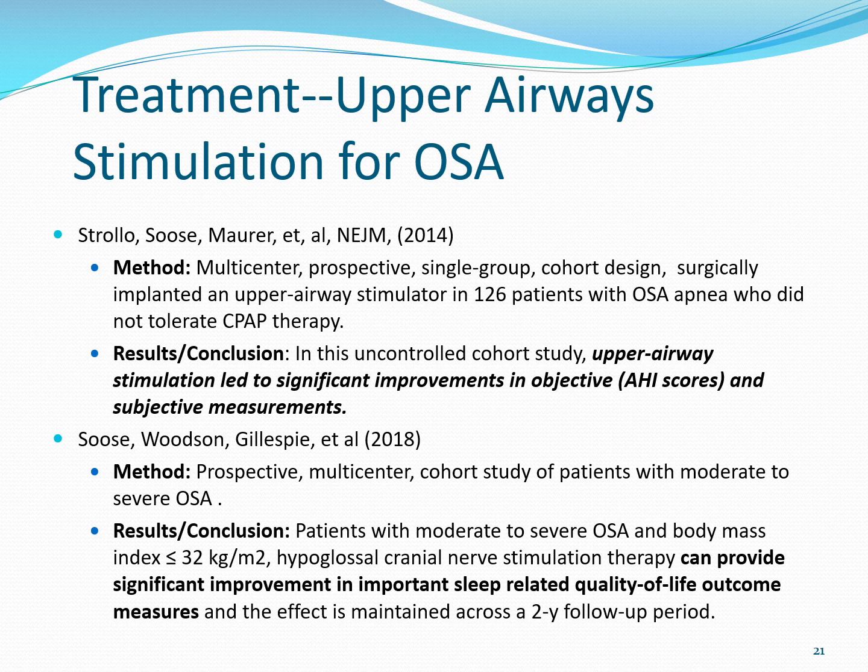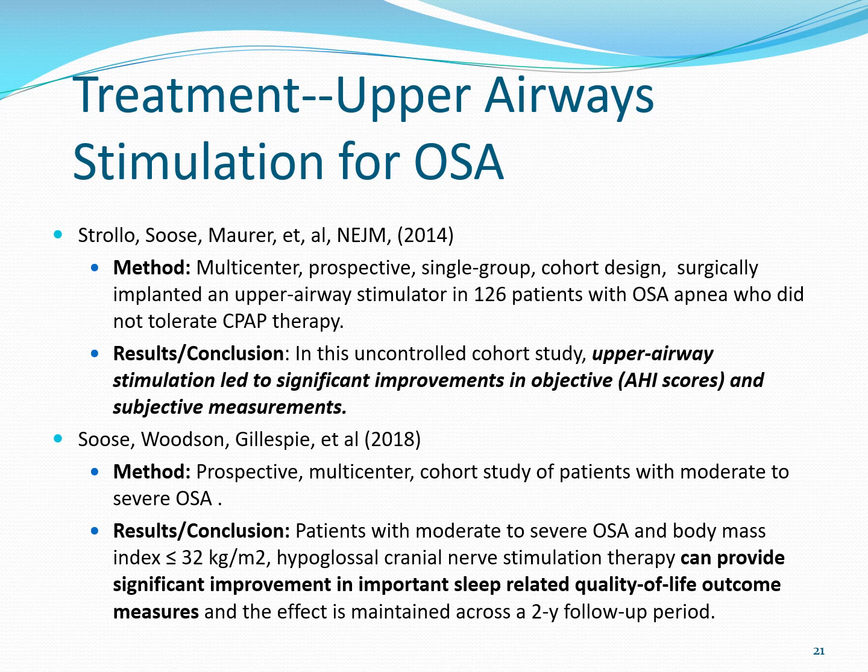including quality of life. Now, a few years later, Woodson and others in 2018, they looked at a prospective multi-center cohort study of patients with moderate to severe OSA. And basically what they did was they, if you will, supported the results that Strollo initially came up with in 2014.